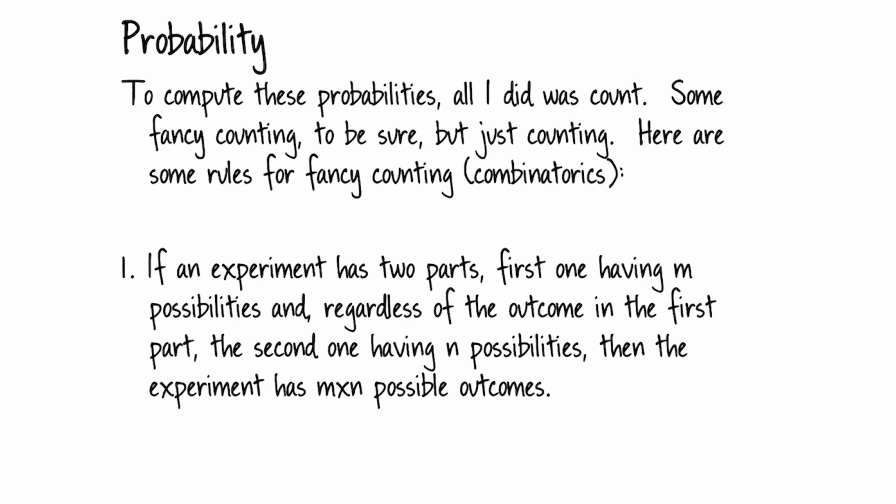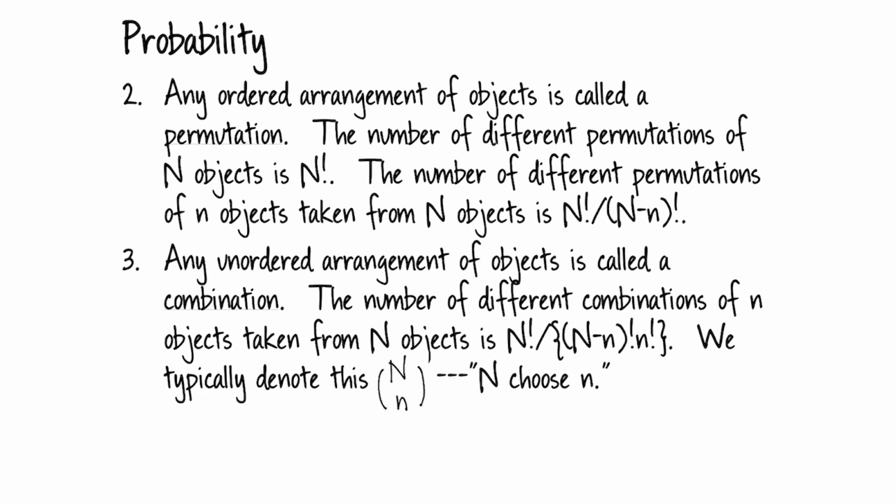We're just being complete by including this, but it is something you would do intuitively anyhow. Two other counting rules: an ordered arrangement of objects is called a permutation, and the number of different permutations of n objects is n factorial.